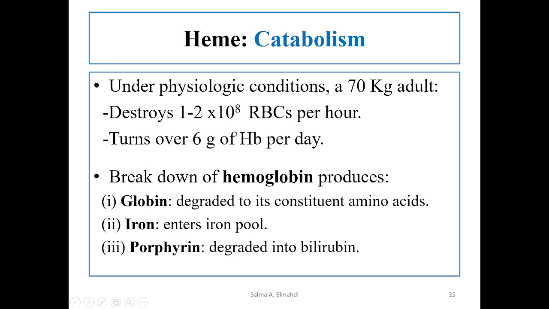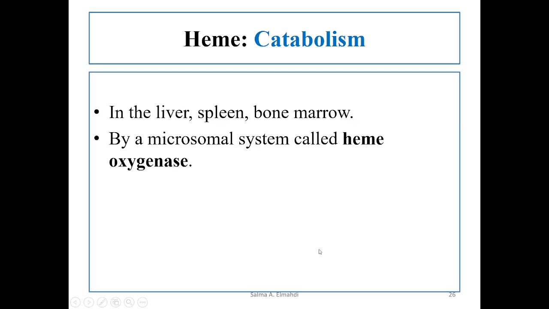So we are going to deal with hemoglobin and its heme content. Breakdown of hemoglobin produces the globin, the protein part, which is degraded to its constituent amino acids, and we have already discussed how amino acids are catabolized in the body. Iron enters the iron pool of the body. The porphyrin part will be degraded to bilirubin.